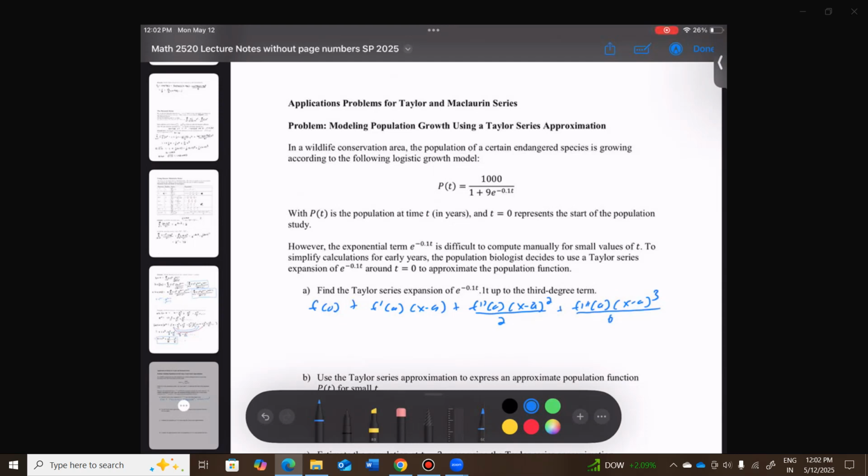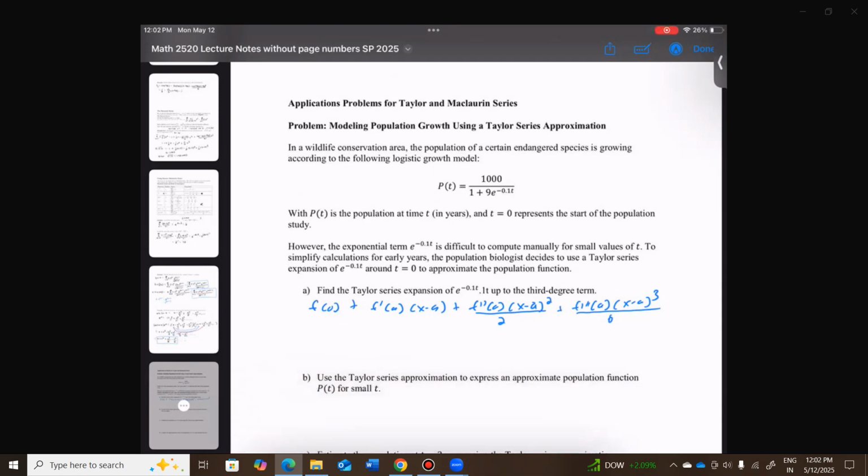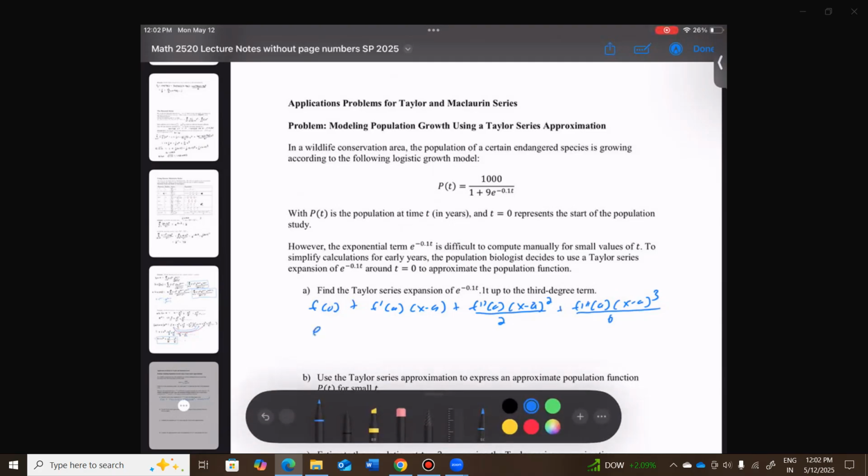And then we're going to look at this for our specific term e to the negative 0.1 t. So when t is 0, you get just e to the 0. And then the derivative of this is negative 0.1 e to the negative 0.1 t. And we're doing this at 0, so we'll use t in place of x, so t minus 0 will be t.